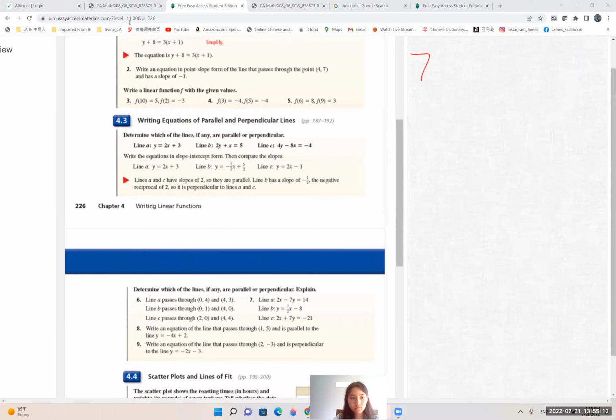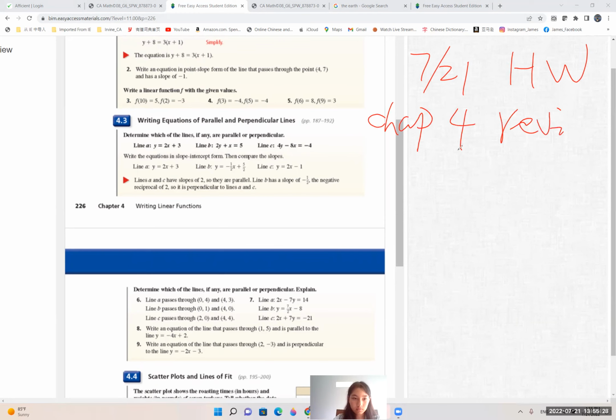Today's homework 6: chapter 4 review, questions 1 to 9, right? Could you write this down?